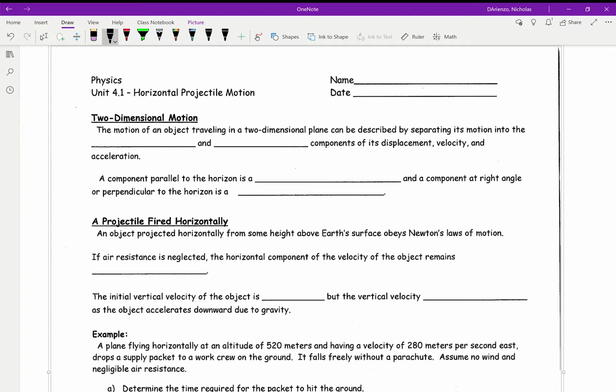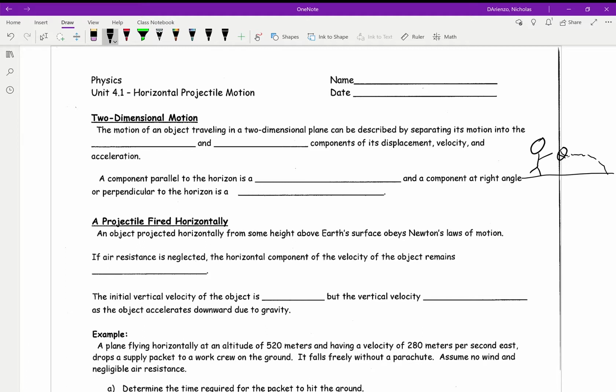If you think about a projectile, something in motion that's maybe thrown horizontally, it could be a thrown baseball, it is going to move parabolically as it falls towards the ground.